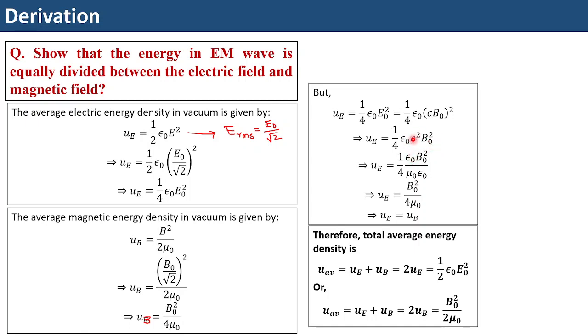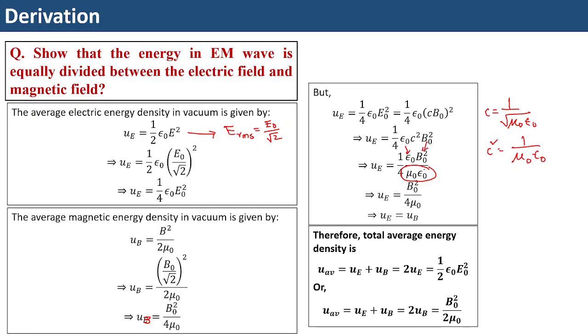Now C square means what? Because C, we already know, is 1 upon square root of mu naught epsilon naught. So if I write C square, that becomes 1 upon mu naught epsilon naught. So that is why I have written in place of C square this particular term. And this epsilon naught comes here, B naught square comes here.